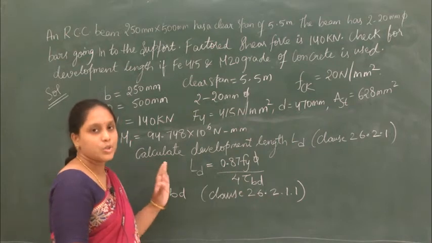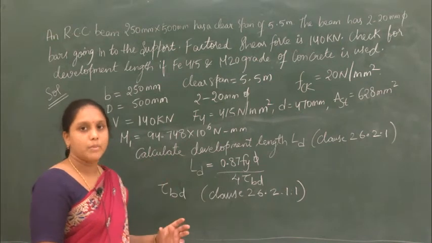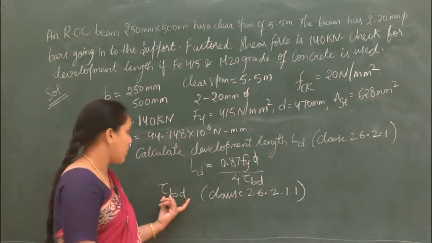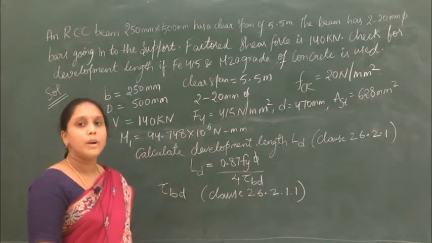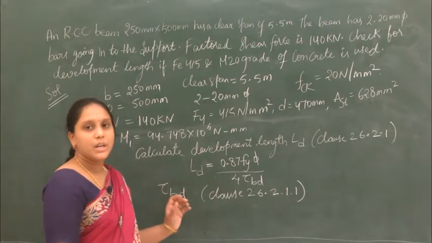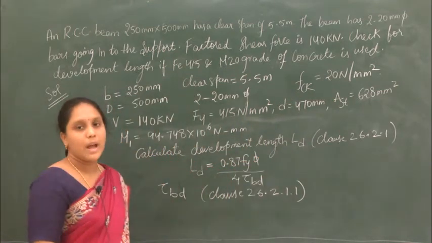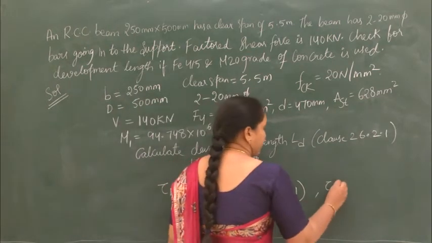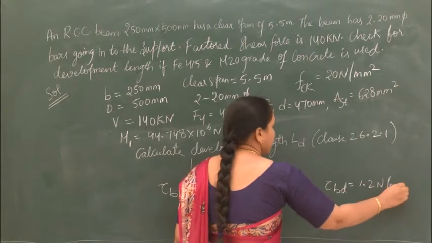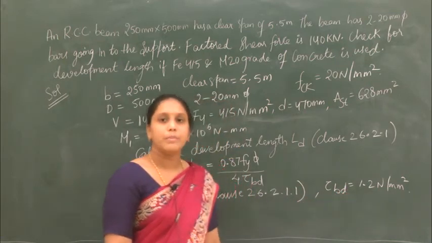So in IS 456-2000, if you check clause 26.2.1.1, there will be a table, and from that table you have to find out the tau BD values. So the tau BD values are given for different grades of concrete. So in that particular table, for the grade of concrete 20 Newton per mm square, the tau BD value is given as 1.2 Newton per mm square. So the tau BD value is given as what? 1.2 Newton per mm square.